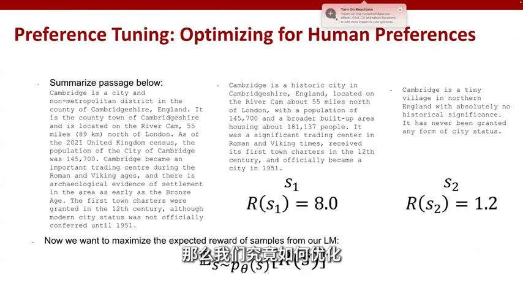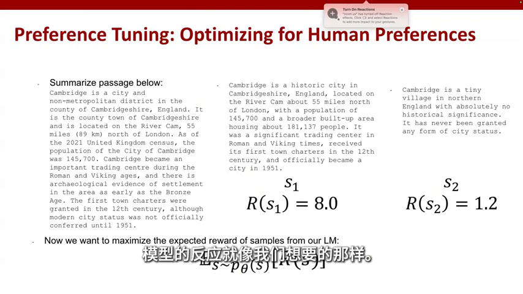So how exactly do we optimize the model's response so that it is what we want? Well, that's when people introduced preference tuning. We optimize the model's response for human preferences, which means exactly how we want the model to respond to a given question.